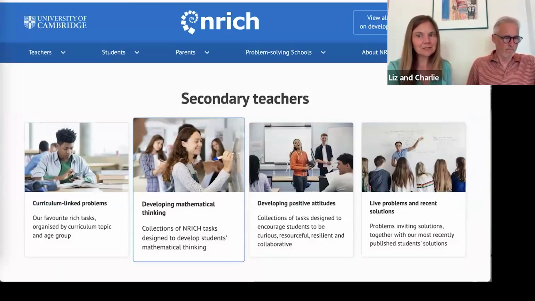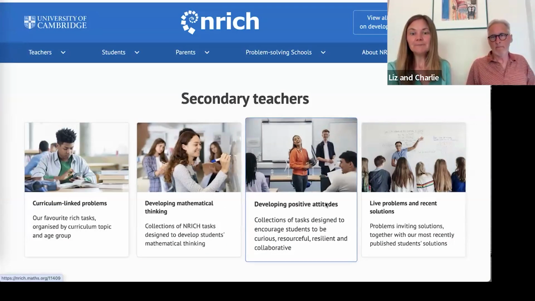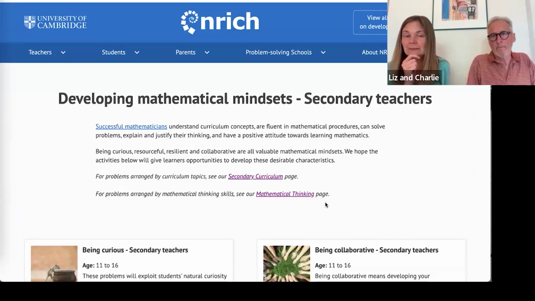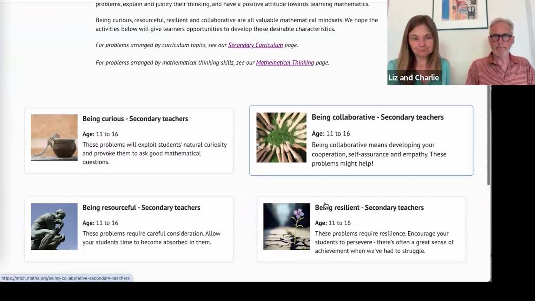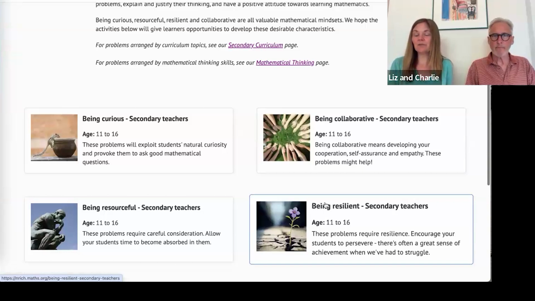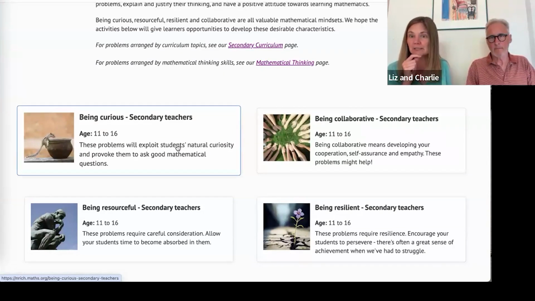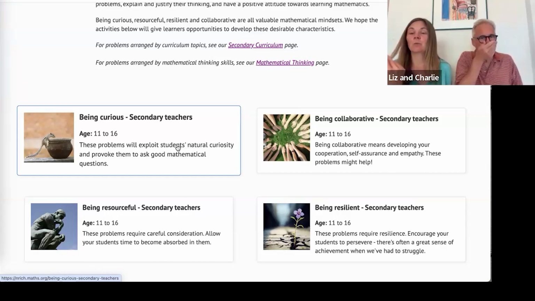So that's where we started off our series, and then we've more recently moved on to our Developing Mathematical Mindset series. And you can see here that we've identified 4 mathematical mindsets. So we want to tap into students' curiosity. We'd like to find ways to encourage them to be collaborative. As teachers, we would like to equip students with different ways to tackle problems so they can become more resourceful.